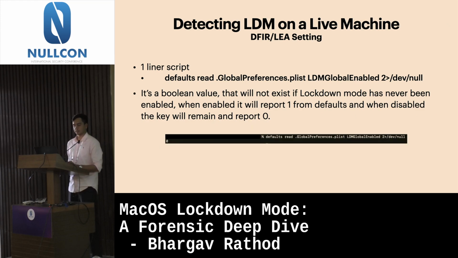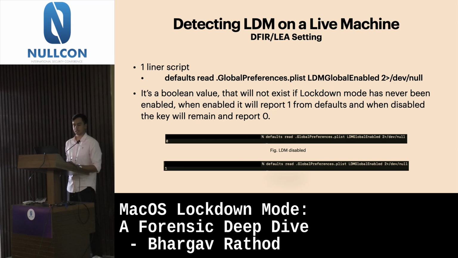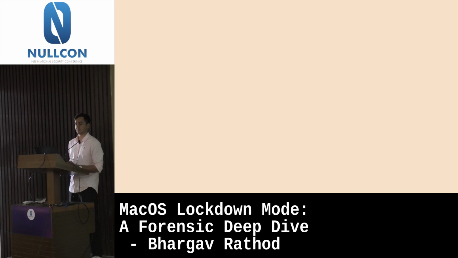And this is the output when lockdown mode is disabled. Once you run this in your terminal, it will give you an output of 0. And if your lockdown mode is enabled, then it will give you a value of 1. Just for quick identification in a DFIR context.